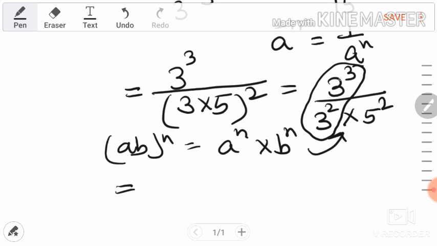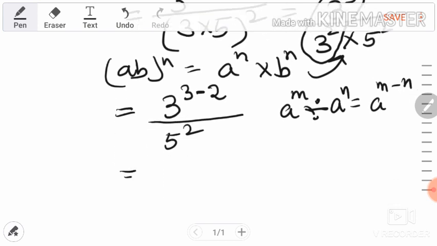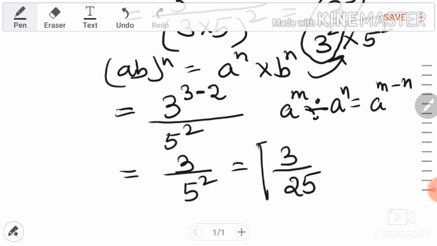They have common base, different powers, and these numbers are dividing. So 3 to the power 3 minus 2 divided by 5 square. We have used a^m divided by a^n equal to a^(m-n). This gives us 3 upon 5 square, which is 3/25.